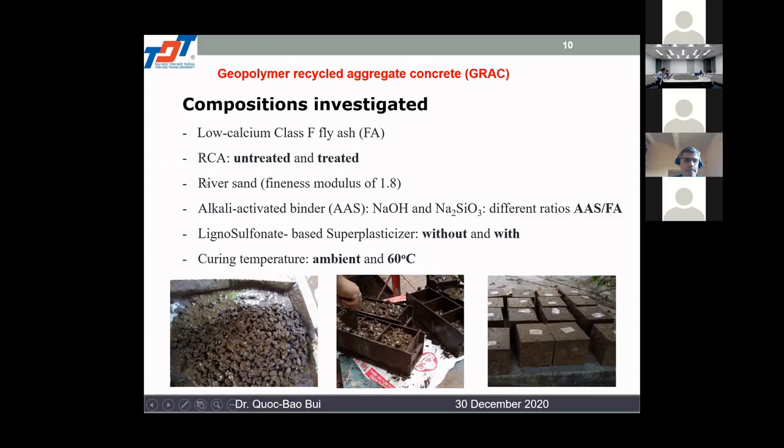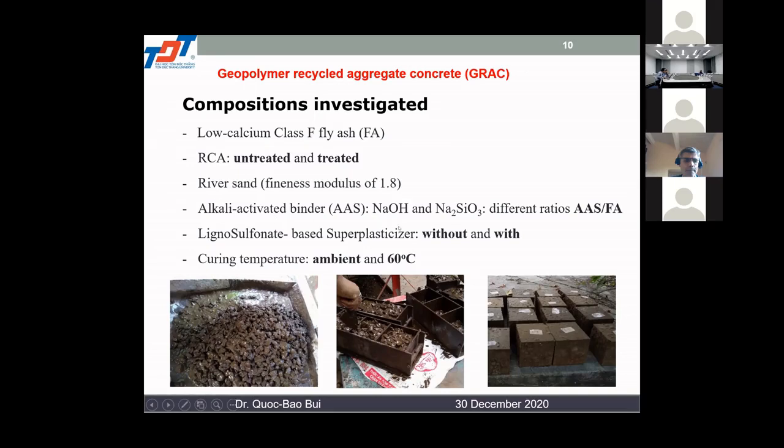We use a natural river sand. And for the alkaline activator, AAS, we use sodium hydroxide and sodium silicate with different ratios of AAS to fly ash.